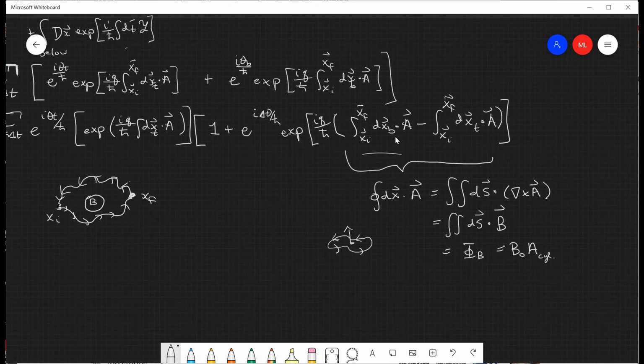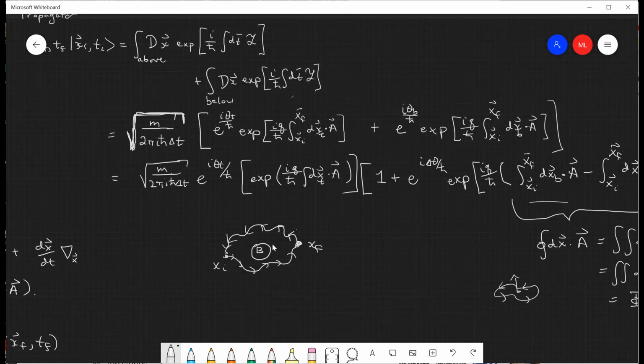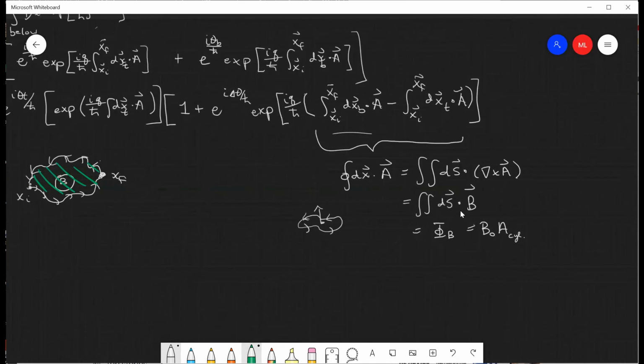So the contribution to this area integral is going to be 0 everywhere except where the cylinder sits, and that's where we'll pick up the contribution. If we integrate over this, it becomes essentially a surface integral over this entire area, and the only part that picks up anything is where you have a magnetic field, because you're integrating B dot S. So this becomes the flux.